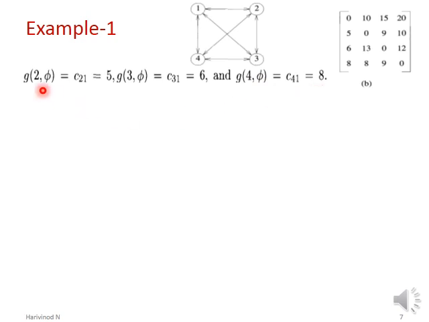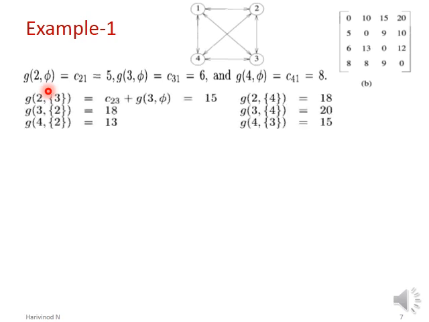Now let us increase this particular set by one node. So we have some different possibilities. The possibilities for S with one node are: start from 2, then go to 3, or start from 2, then visit 4.